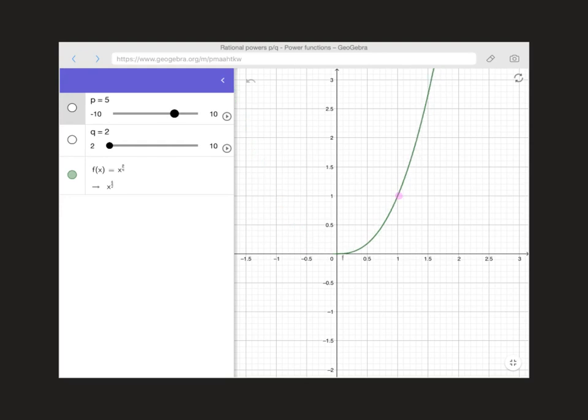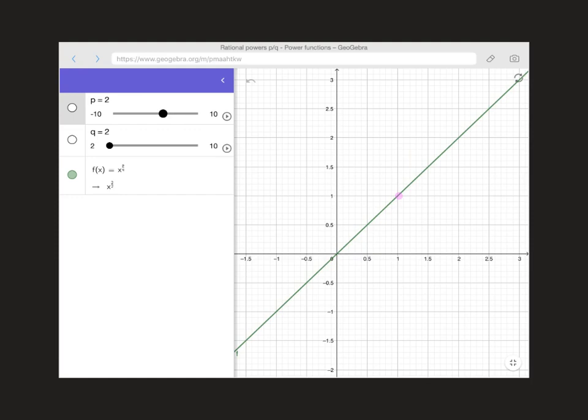5 over 2 gives us our positive arm. 6 over 2 gives us our cubic function. 7 over 2, positive arm. 8 over 2 gives us our quartic function. And you can see the pattern where if the overall fraction, P over Q, is bigger than 1, so there's the fraction where it's at 1, so 2 over 2.